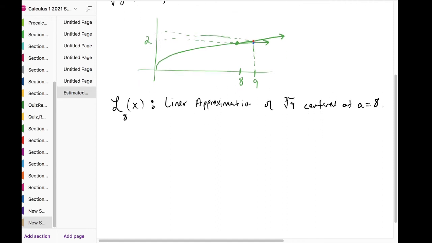Okay, so I need a tangent line. So what do I need to do? I need a point and a slope, right? What's my point?